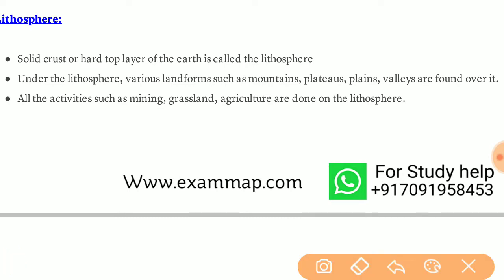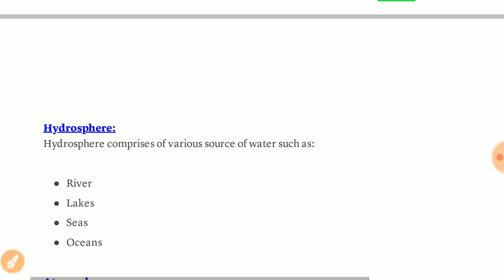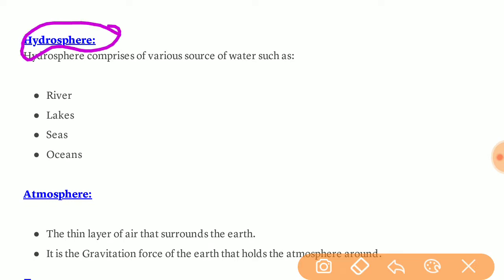All the activities such as mining, grassland for grazing, land for agriculture, and other activities which are possible on the land are done on lithosphere. Second one is hydrosphere.